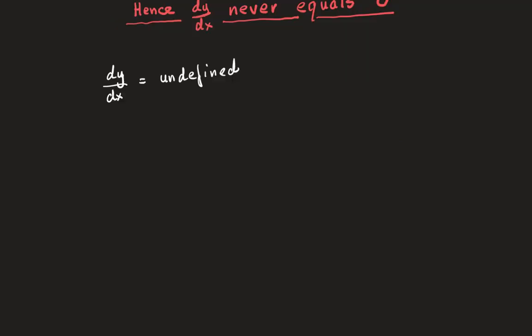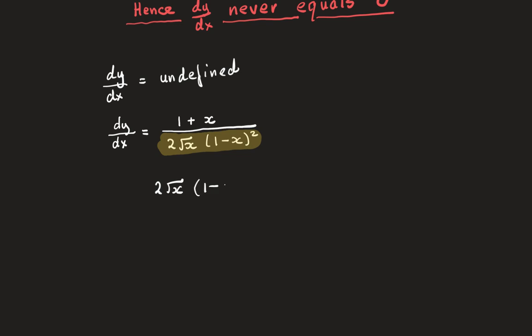When we want to find out when dy dx is undefined, we look at our denominator and we ask ourselves, when is 2 root x times 1 minus x squared 0? Because anything over 0 will be undefined. Now our denominator is made up of two products. One is the 2 root x and the other one has a 1 minus x squared. So none of these can be equal to 0.